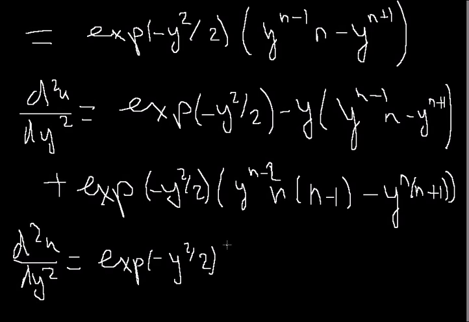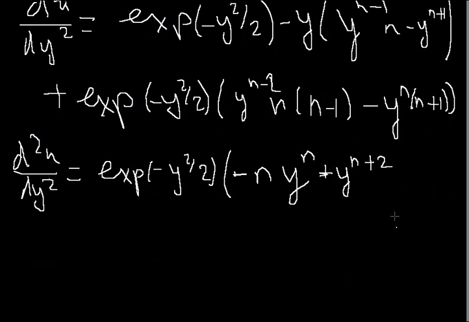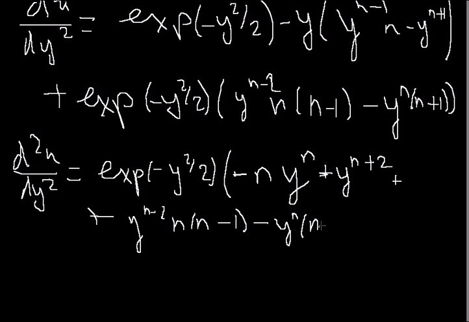Let's take it out of brackets, right before brackets, and in the brackets we have the following representation of these following terms: plus y^(n-2), n minus 1, minus y and plus 1.